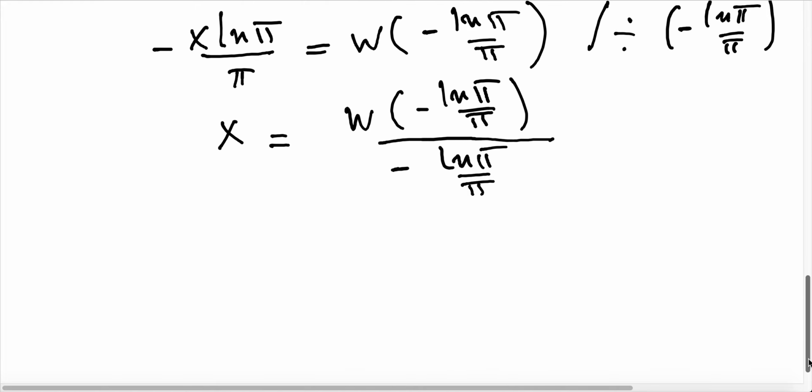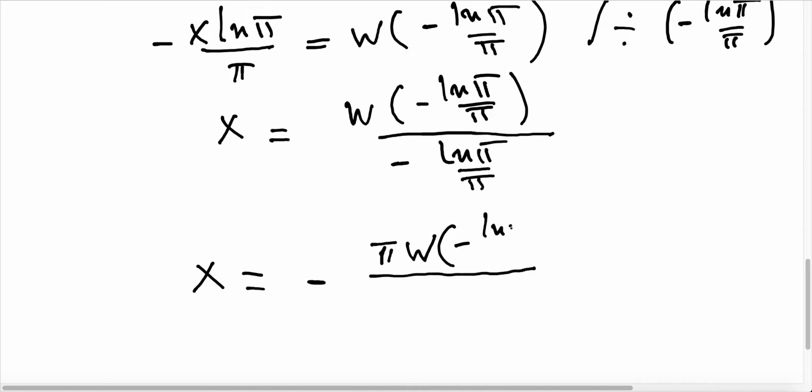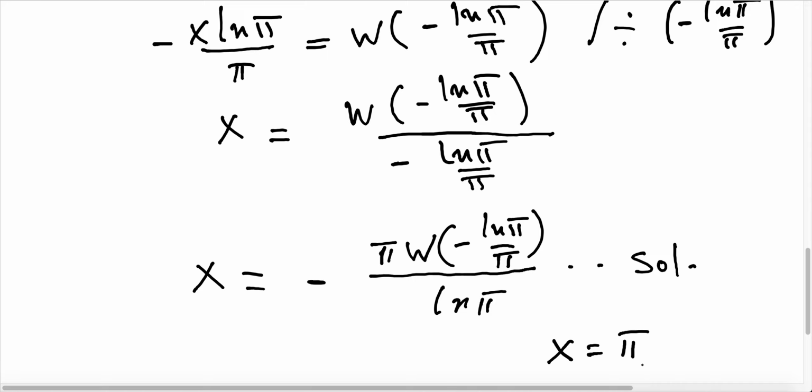If I want it to look a little bit better, I can write it in this form: minus pi times the Lambert function of minus ln pi divided by pi, everything divided by ln pi. So this is one solution, and the other solution we already saw: x was equal to pi. If you want to verify those two solutions, you can verify, but I am leaving that to you.